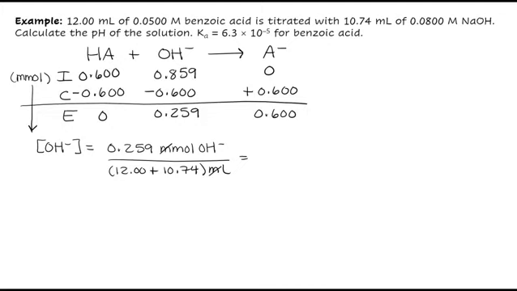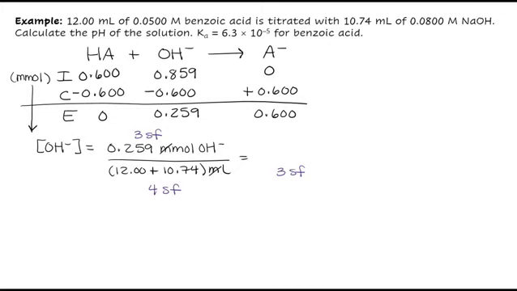For our sig figs, we have 3 sig figs in the numerator. We will have 4 sig figs in the denominator after we do that addition. So our final calculation of molarity will be rounded to 3 sig figs.